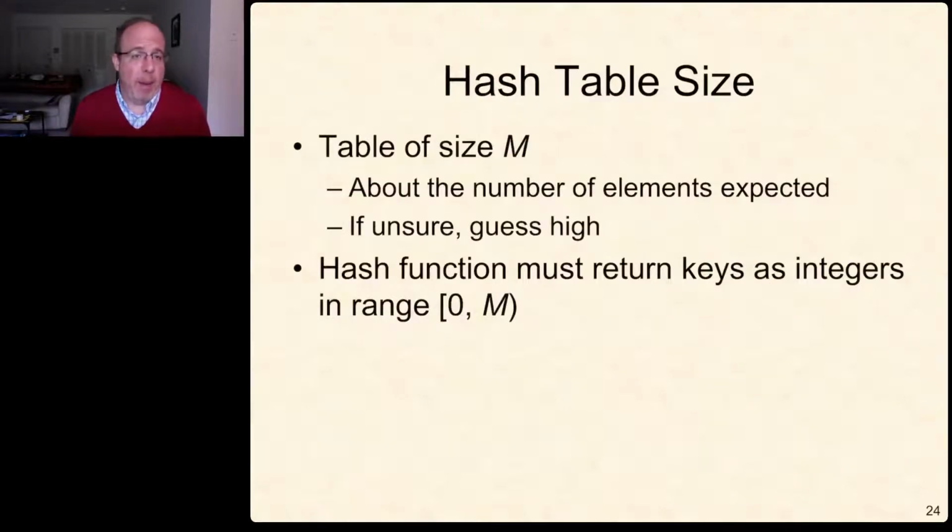So how do we pick M? Let me step back a minute. As you're designing a hash table, you have basically three choices to make. How do you compute the hash function, or how do you compute the translation function?